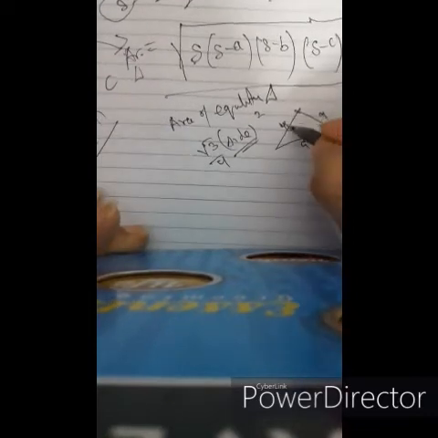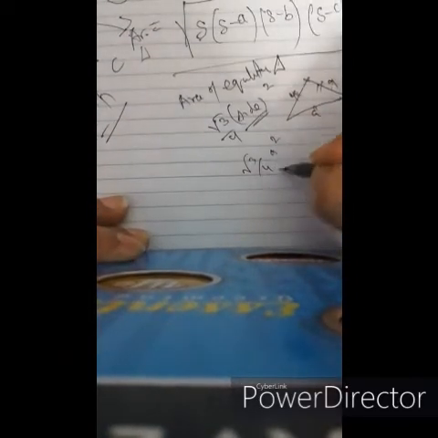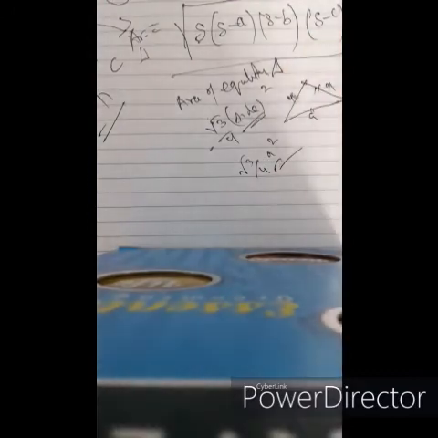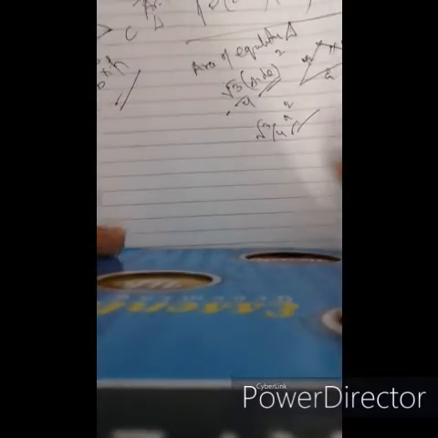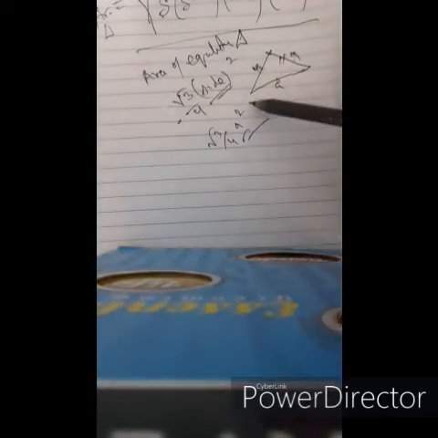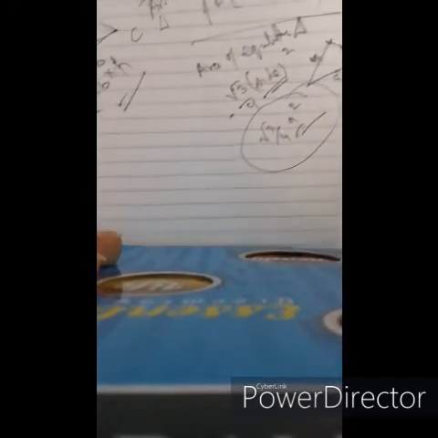Equilateral triangle has all sides equal, so root 3 by 4 a square is the area of an equilateral triangle. This is the formula. I can show you how to derive it. It's very simple. By Hero's formula we can derive root 3 by 4 a square, the area of an equilateral triangle. So I'll show you how to derive this formula.